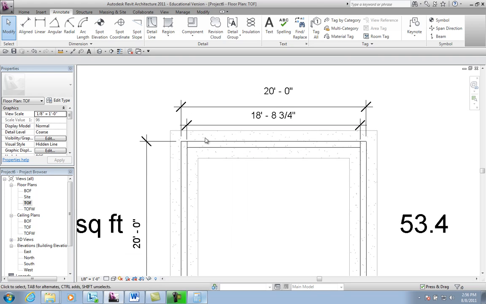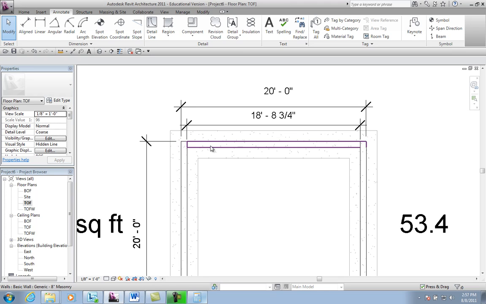Now I need to know this other side. We've already calculated all the way to there and all the way to there, so we don't need that again. We just need to go inside. Does that make sense? We've already calculated for this side and this side all the way to the end. Now we're going on the inside of it to make this wall. Basically, this is an 8-inch wall. Remember, your nominal size is 8 inch, but the actual size is 7 5/8 inch because of that 3/8 inch mortar joint.